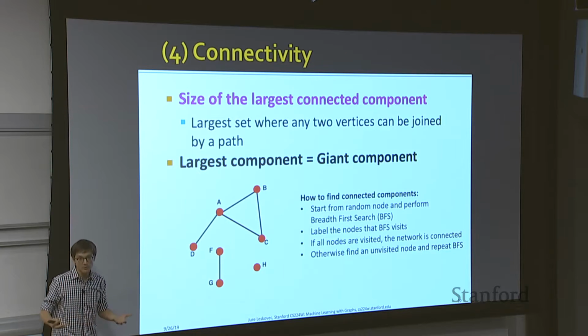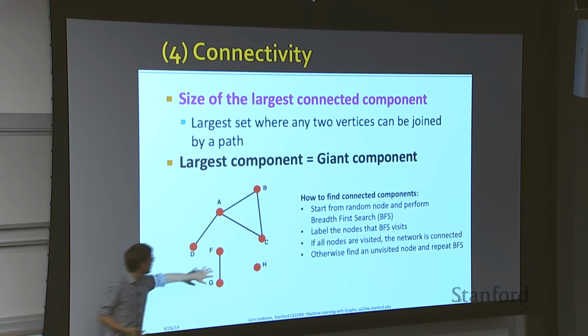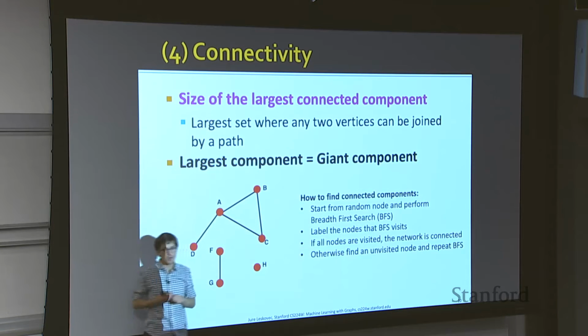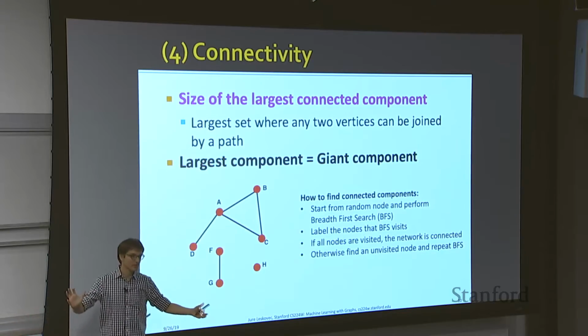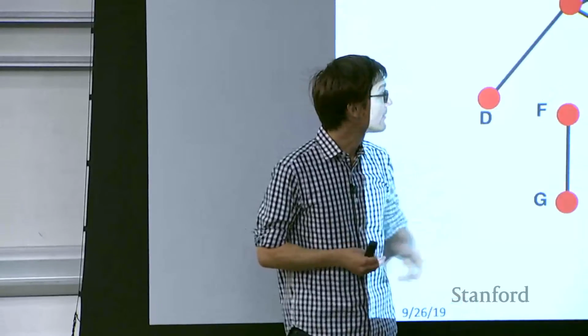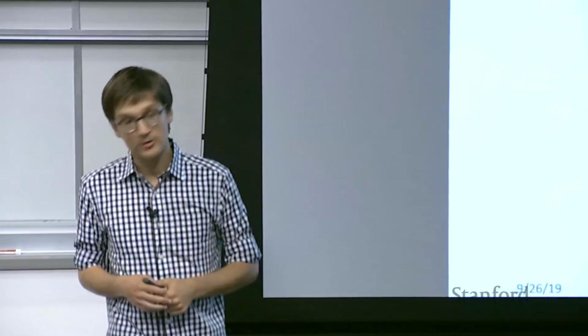So how many nodes are in the largest connected component, right? What fraction of the nodes of the graph are in the largest connected component? And then you can talk about the largest weakly connected component, largest strongly connected component if you are in a directed graph. But in a non-directed graph, you just say how big is the largest connected component of the graph.